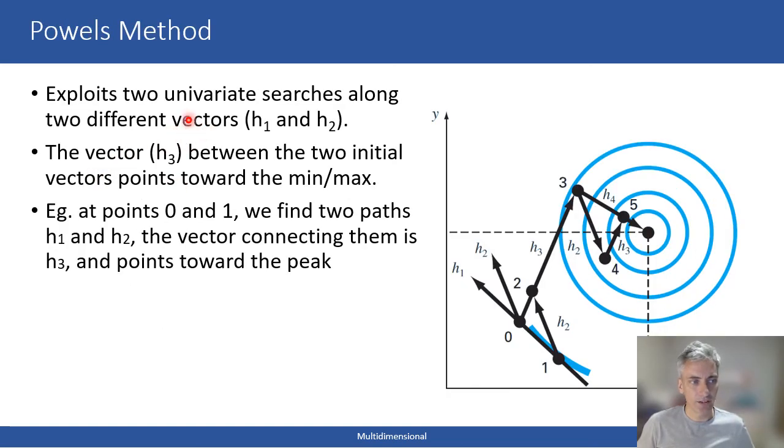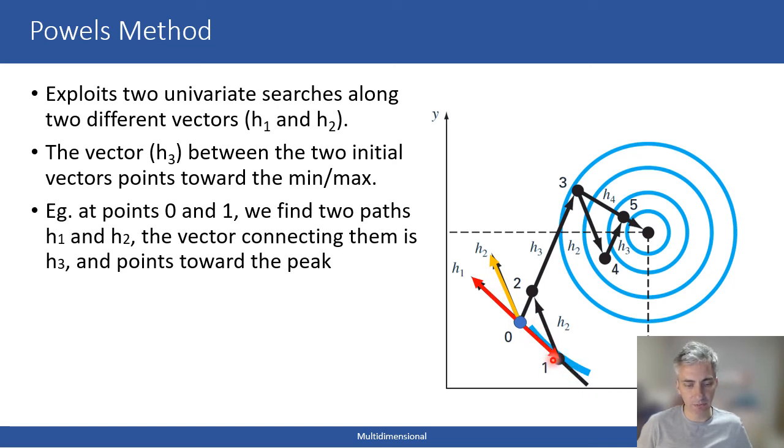So a third technique to find the peak of a multivariate problem is Powell's method. It is an extremely efficient method, and it works by initially defining a starting point, which is not too far from the peak, and 2 vectors, h1 and h2. We scan along the direction of the first vector until we hit a peak in a one-dimensional scan.